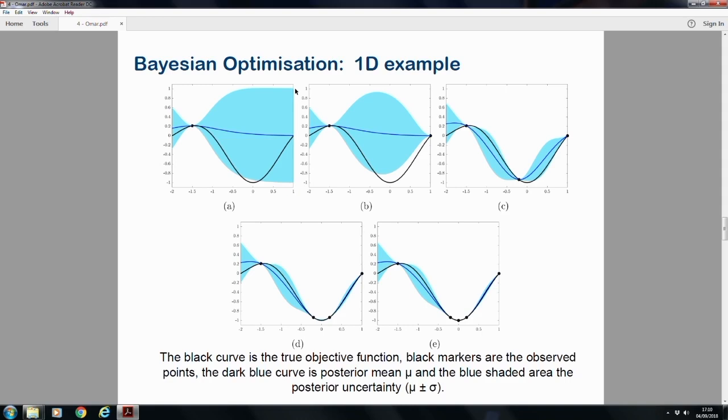The acquisition function will decide to go to a point with high uncertainty to calculate the objective function there, and keep going until it fits the true objective function with relatively low uncertainty, so we can know with low uncertainty that this is the optimum point.